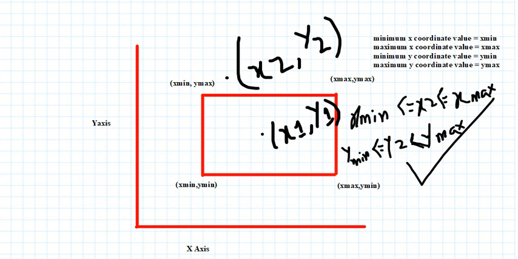No. The answer is simply no. Why? For x2, you can see that it is obviously greater than x min. x2 is greater than x min, but it is not less than x max. It is greater than x max. So this condition does not hold.